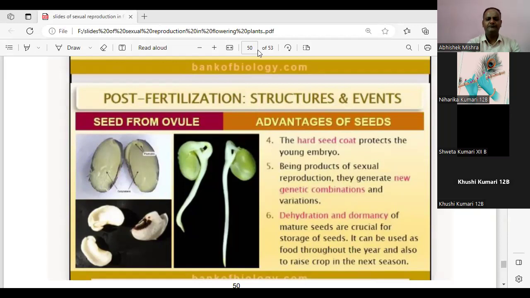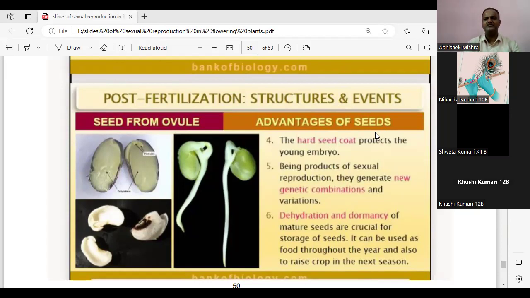Yes, Niharika. Genetic combination: the combination of male and female gametes. A combination of male and female gametes is called fertilization.